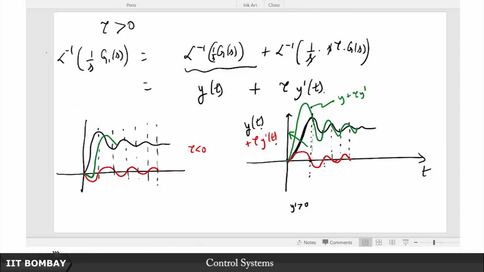Of course, probably not a very correct picture, because as I said, at the peaks and the troughs it should coincide with the original plot.